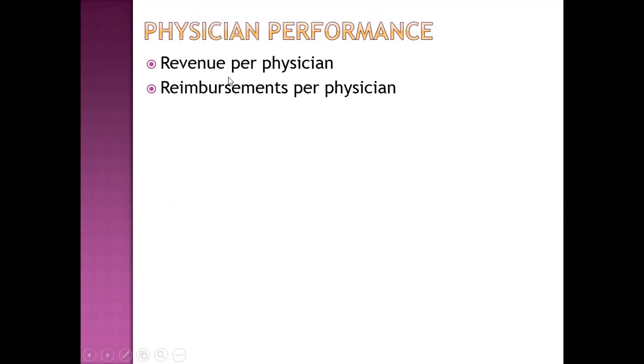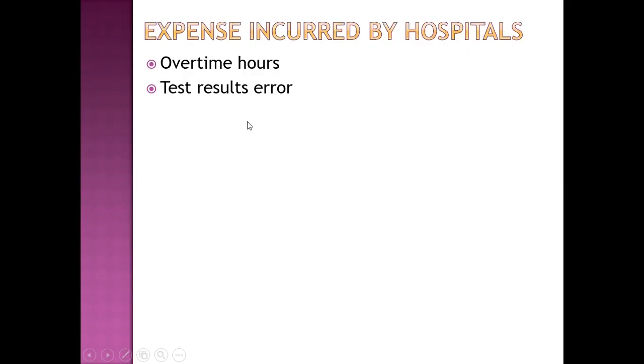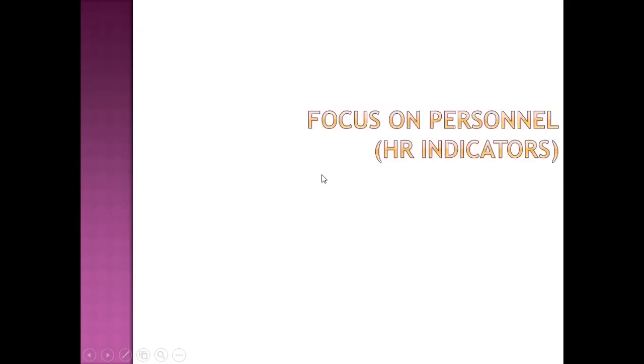Then physician performance, that is revenue per physician, reimbursement per physician. Referral to outside centers include ambulance diversions, physician non-availability. Then expenses incurred by hospitals, overtime hours, test result errors. Then human resource indicators.